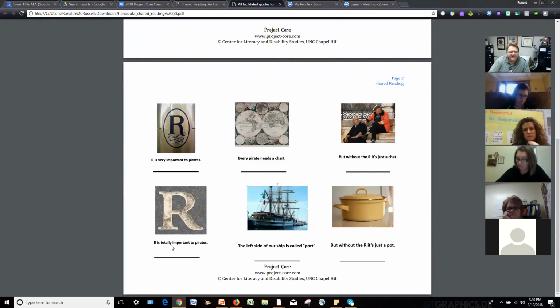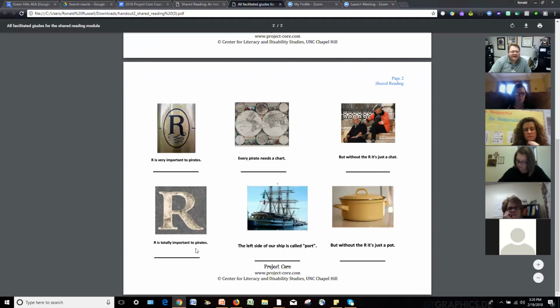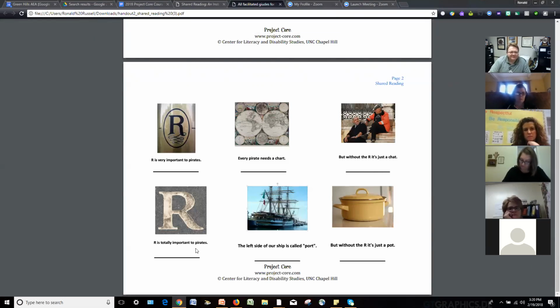But this one, R is totally important to pirates. And by the way, I don't know if it was intentional that this happens to be a letter-themed book. It was just one example, but certainly a lot of books won't be that way. Anybody have any thoughts about R is totally important to pirates?